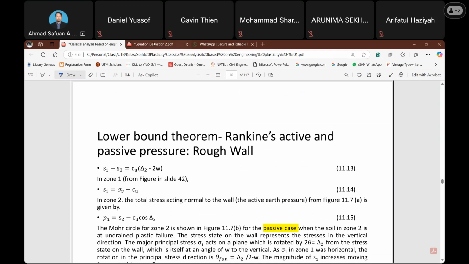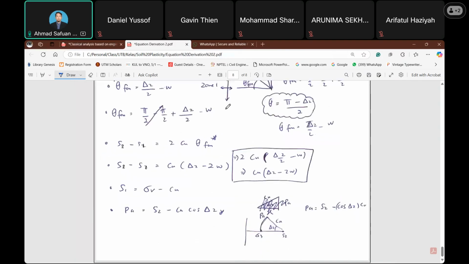So look at the derivation to get the PA.